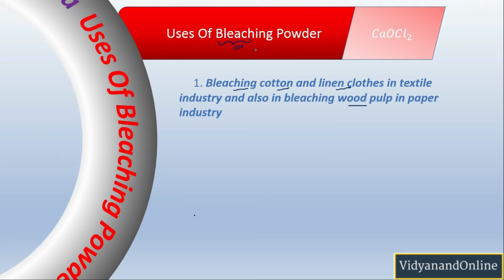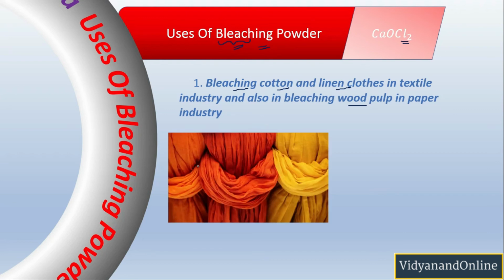Now the bleaching action of bleaching powder is because of the chlorine present in it. This chlorine acts as an oxidizing agent, therefore it oxidizes the substance into which it is put. Let us take this example in which you have 3 cotton dupattas, right? They were not naturally dark yellow or orange in color. They were initially white, and they were dyed in order to get these colors.